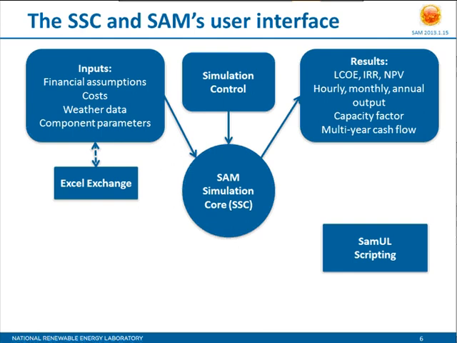So SAM is basically a user interface with a bunch of code that makes calls to the simulation core. You've got input pages in SAM where the user types in numbers, and then the code in the user interface passes those values to the appropriate modules and the appropriate SSC modules.